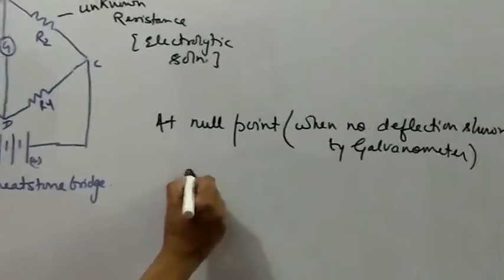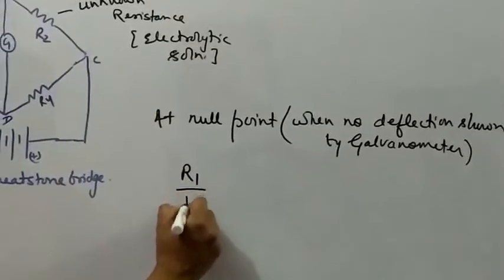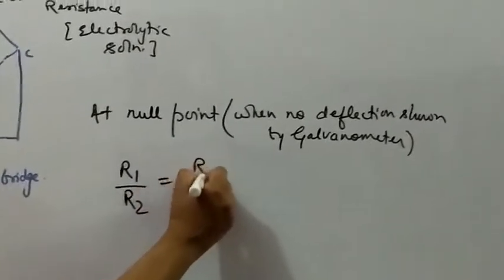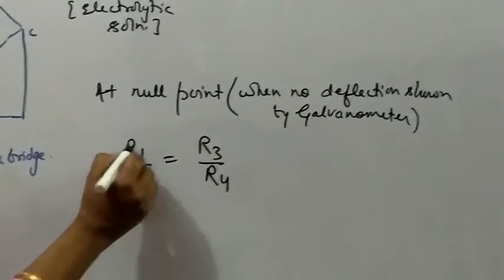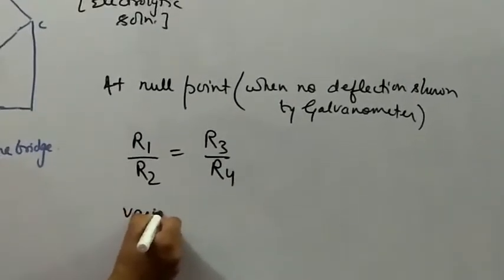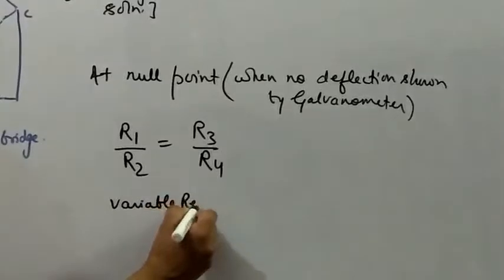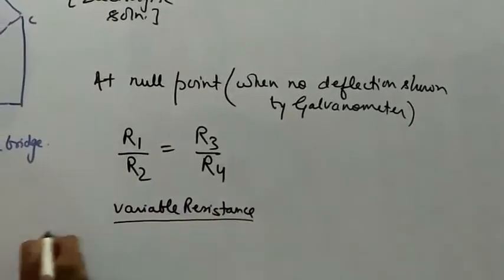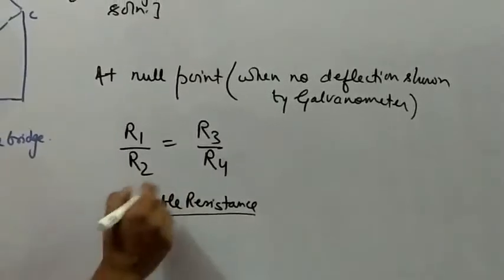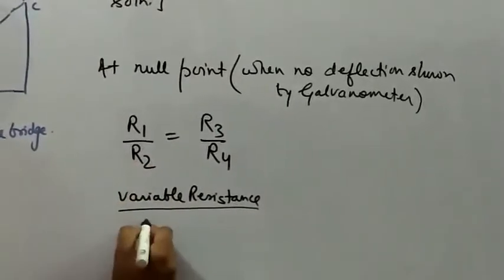Now at that moment, we will have R1 upon R2 equal to R3 upon R4. Here R1 is the variable resistance. Its value will be known to us because we are changing the resistor here. R2 here is the unknown resistance.